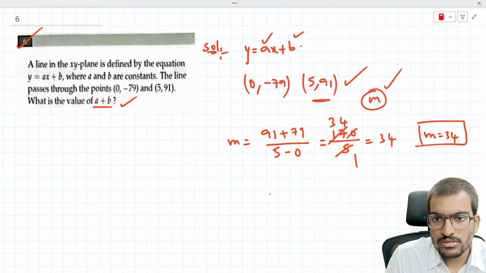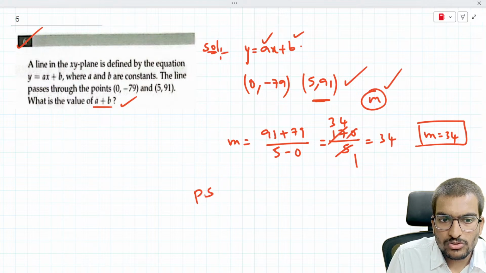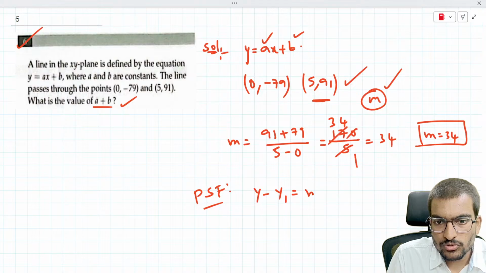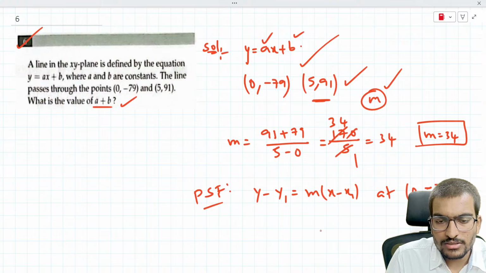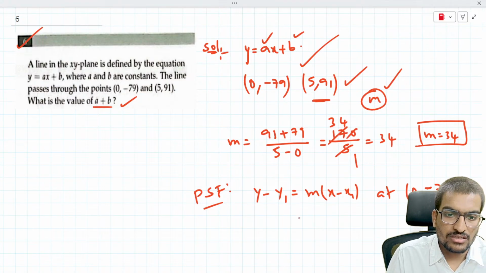I use point-slope form: y minus y1 equals m into x minus x1. I can take any point, 5 comma 91 or 0 comma negative 79. I go with 0 comma negative 79. Any point is fine.